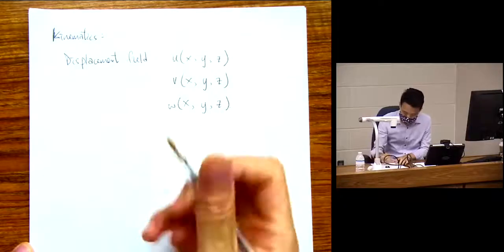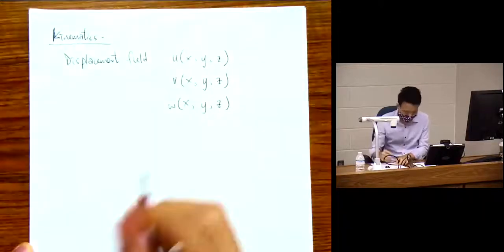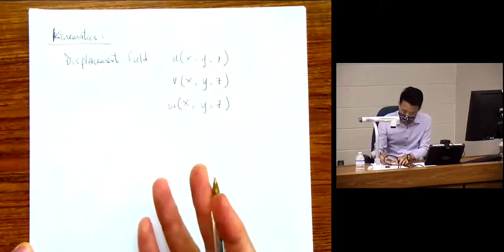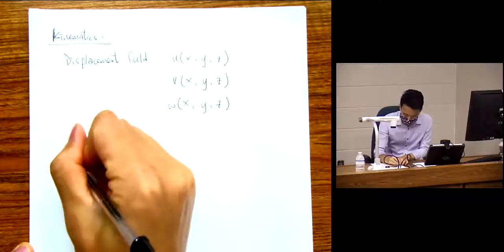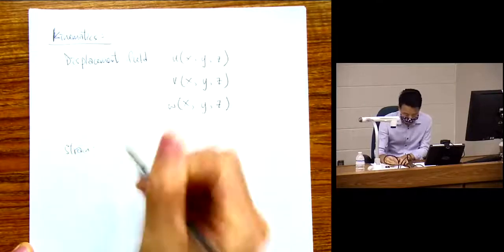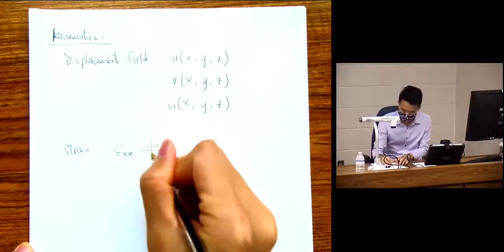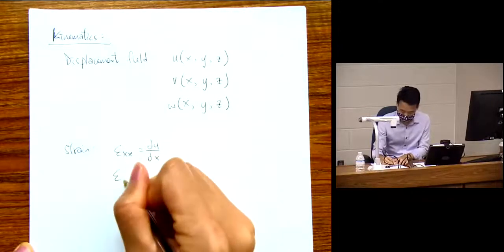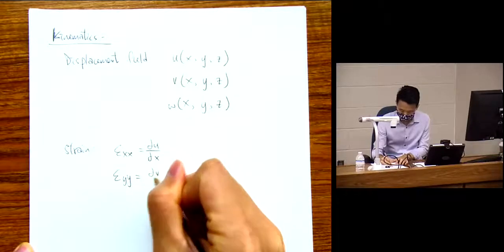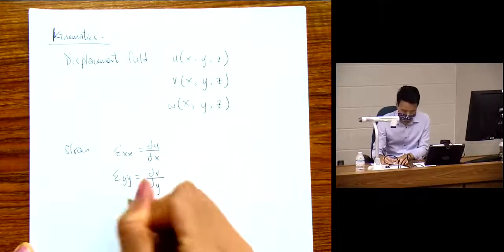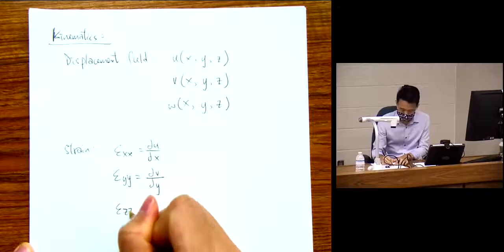Okay, so kinematics takes care of the strain field with respect to displacements, right? So we have the strains. That's basically, we have 6 strains, right? So the normal strains deal with length changes, right?